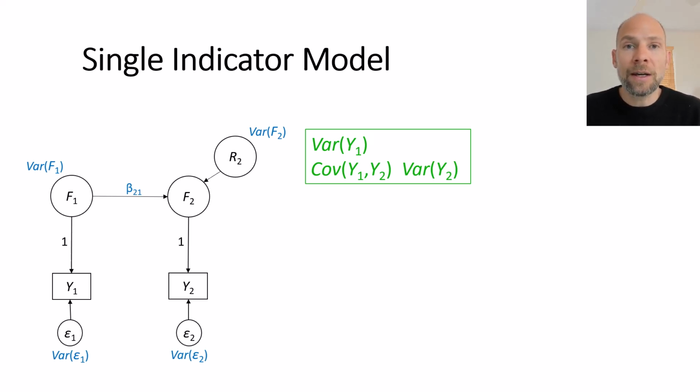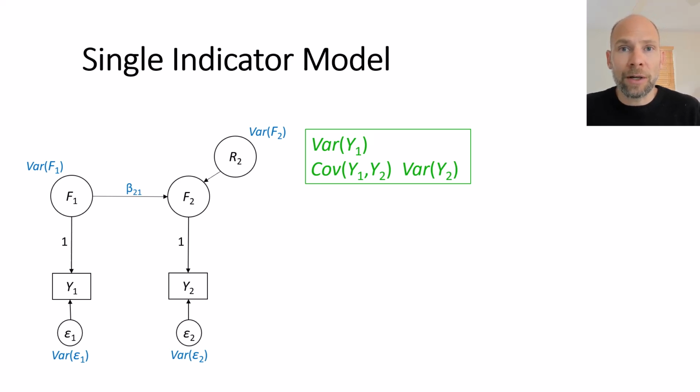So in the case of 2 variables, we have 2 variances in our data, and we have 1 covariance between the 2 variables. So those are the only pieces of information that we can use to estimate model parameters. And so obviously here we run into a problem, because in blue you can see we have 5 free parameters in our single indicator SEM model. However, we only have 3 pieces of information in our data.